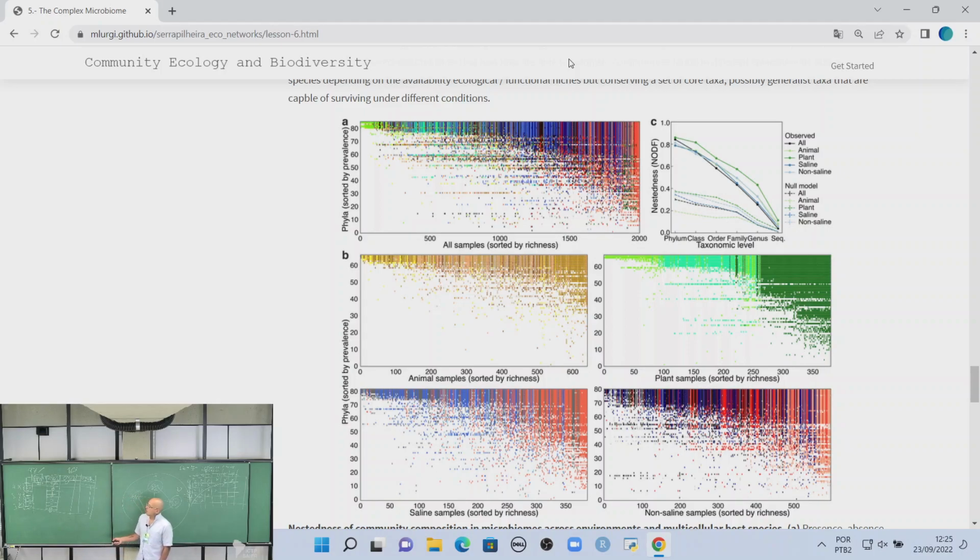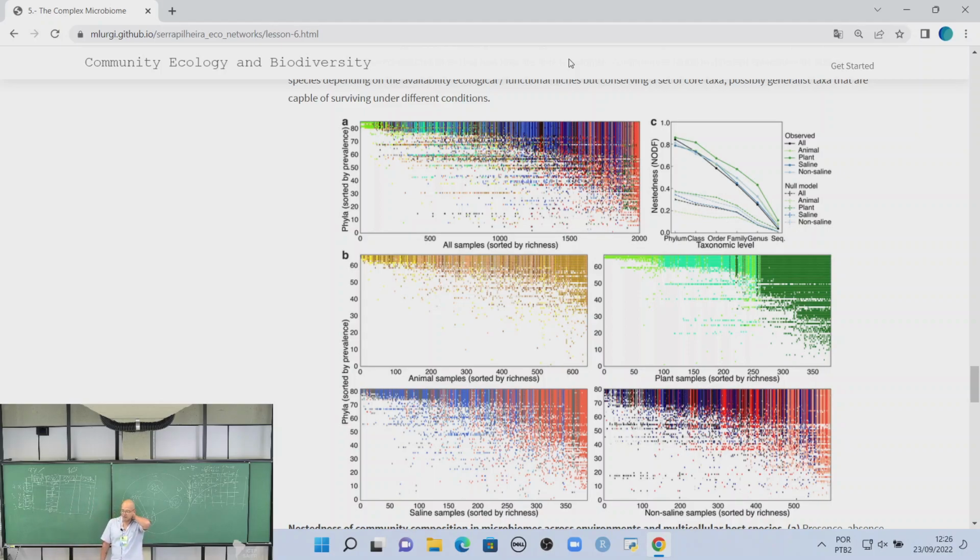So what this tells us is that if you know the composition of the richest community, then you are probably likely to predict the composition of other communities that might be less species rich.